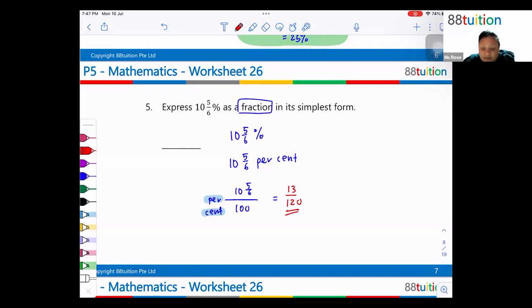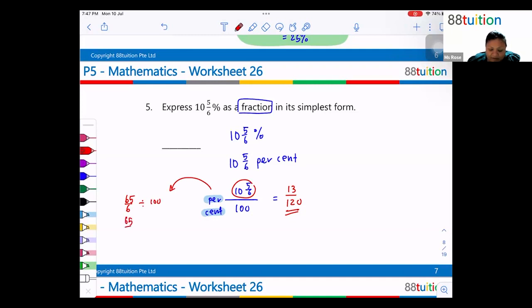If you simplify this, you will get 13/120. Now, if you don't have a calculator, like Shambhavi, this is how you do it. You convert this to an improper fraction, you will get 65/6 divided by 100.